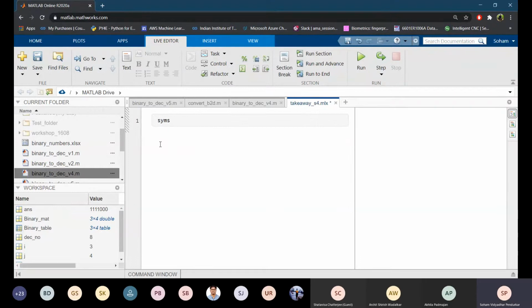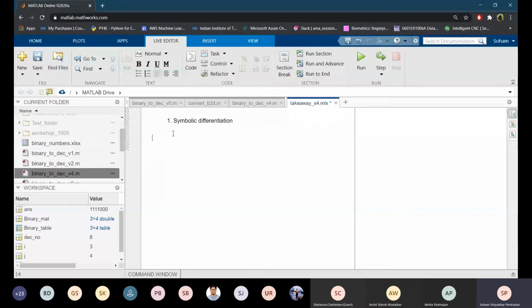We put syms, then define the variables that I want. You won't understand by this method alone, so let's say I'm trying to solve an equation. Since we are starting with differentiation, let me get rid of this and write text here. First is symbolic differentiation.